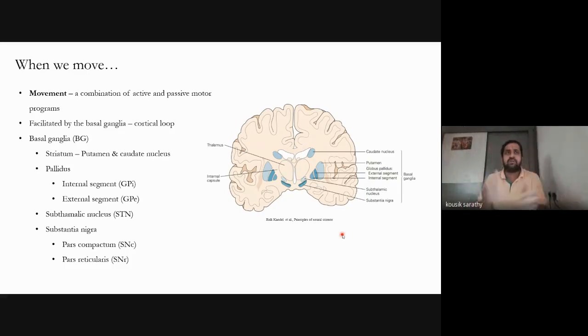And this is broadly facilitated by the basal ganglia cortical loop. Many of you might be familiar with the BG cortical loop, but let me quickly go through the components.